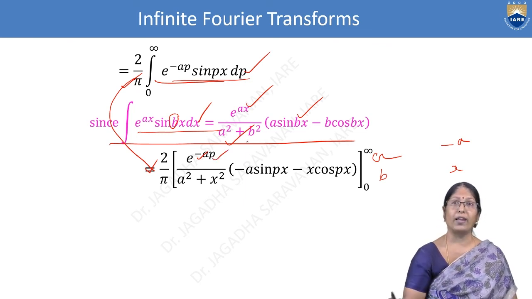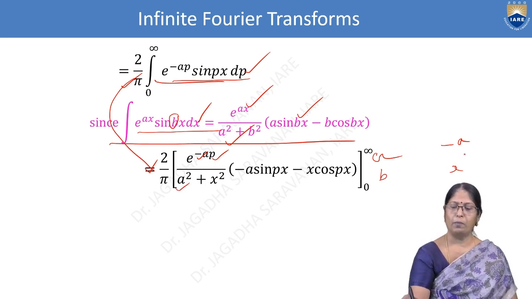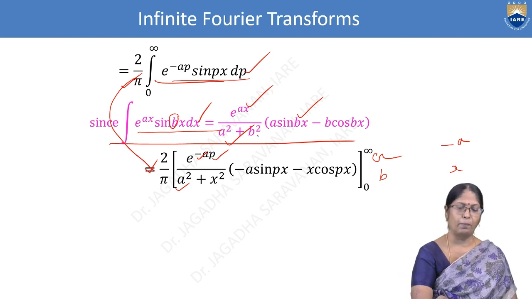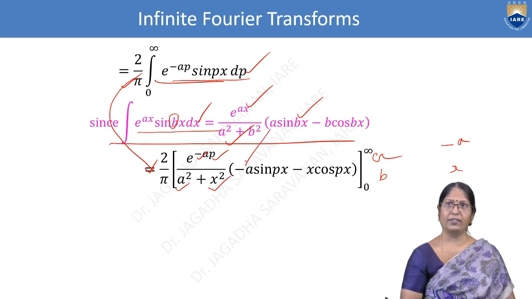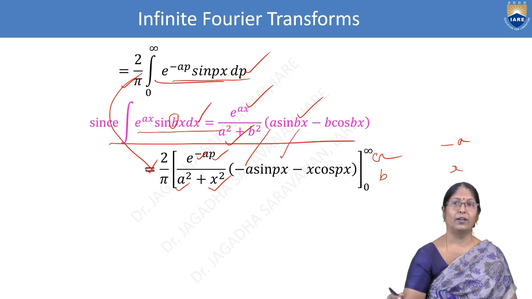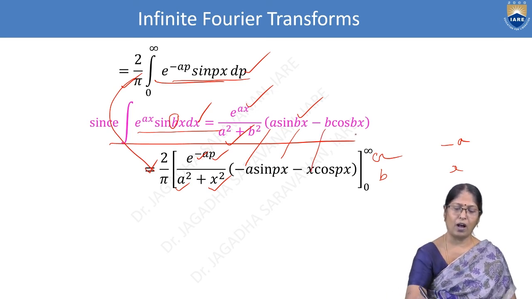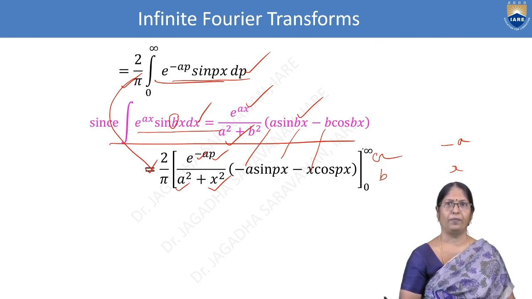So e power minus ap divided by a square, minus a the whole square, it's nothing but a square, plus b square, it's nothing but x square. Then a is minus a, sine bx, our b is x, so sine px. Next, b is x, cos px, from 0 to infinity.